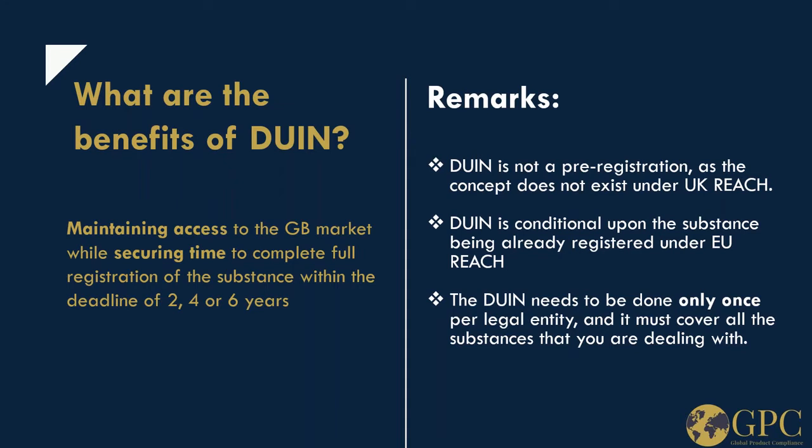First of all, the DUIN is not a pre-registration, because that concept doesn't exist under UK REACH, and the DUIN is conditional upon the substance being already registered under EU REACH. So if you have a substance that is registered in EU REACH, you can perform the DUIN. If not, then you cannot. And the DUIN needs to be done only once per legal entity, and it must cover all the substances that are dealt with.